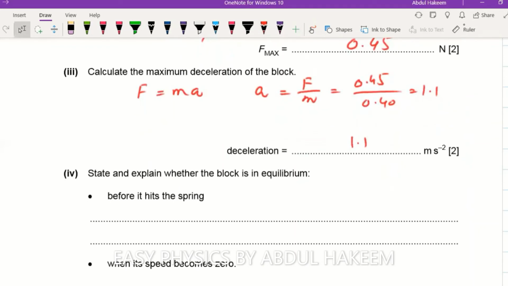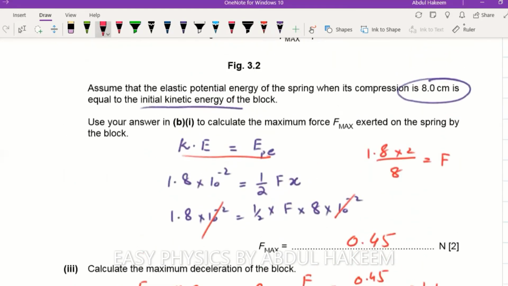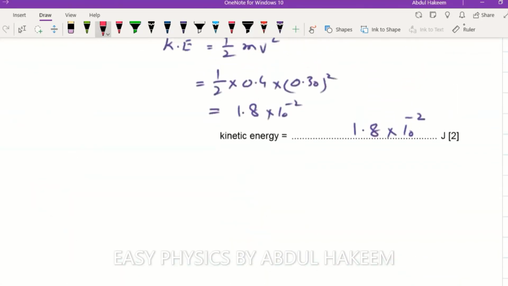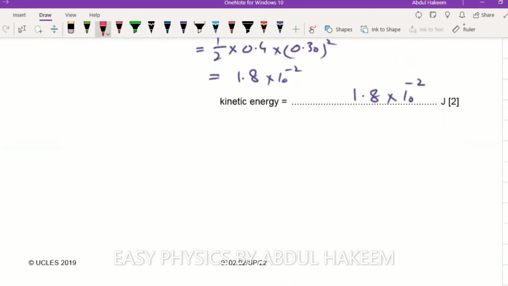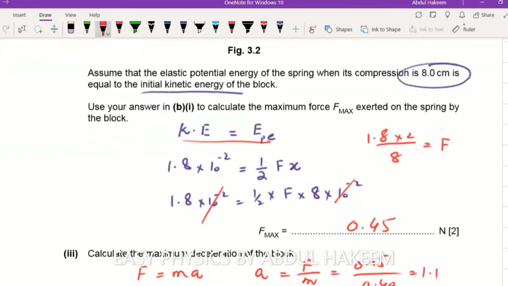And the next is: state and explain whether the block is in equilibrium before it hits the spring. So before hitting the spring, look at the statement. The speed of the block is constant. Its direction fixed, speed fixed, meaning the velocity is constant.